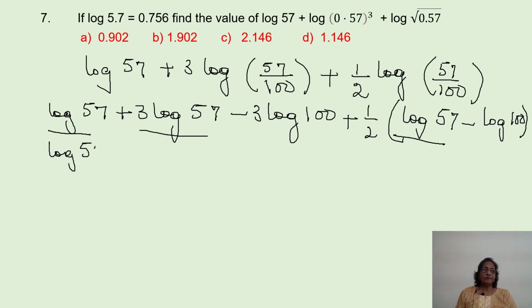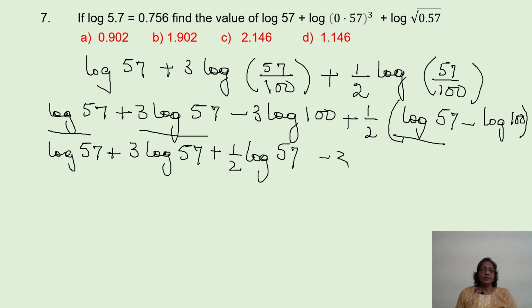So I have log 57 plus 3 log 57. And then this will become plus half log 57. And I am left with minus 3 log 100. And this will become minus half log 100.